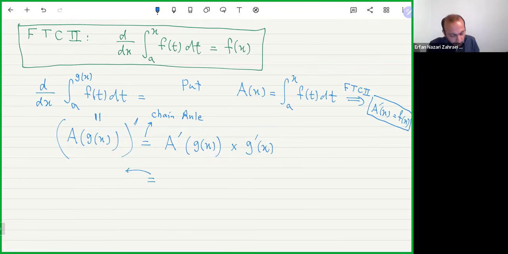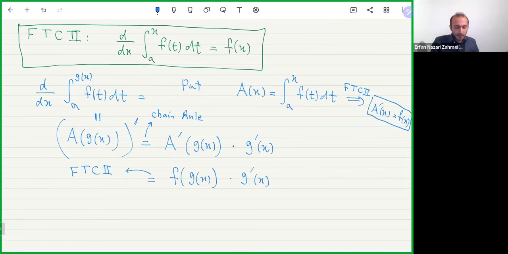So A prime is f, and I need to replace this with lowercase f. Or let's use a dot as multiplication to be clearer.